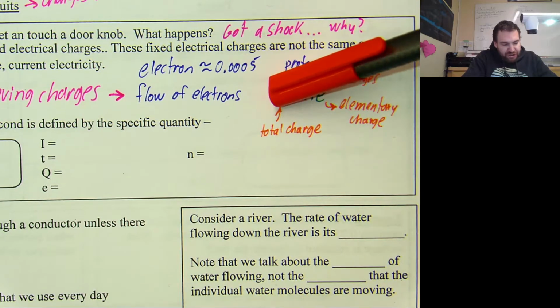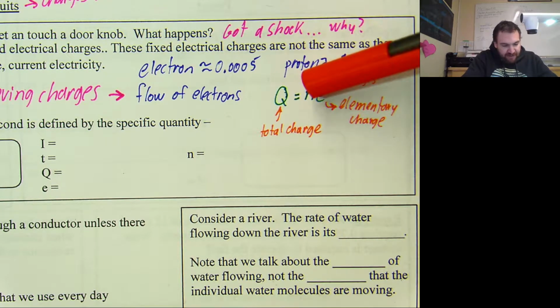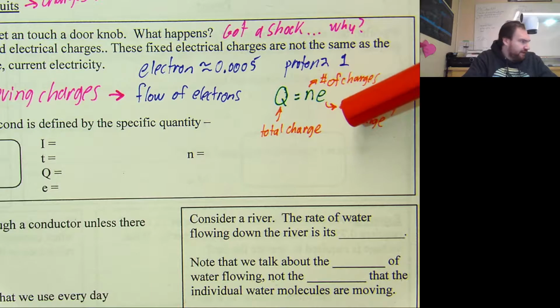So the total charge Q is given by the number of charges N times the elementary charge E. This should make sense, I hope.